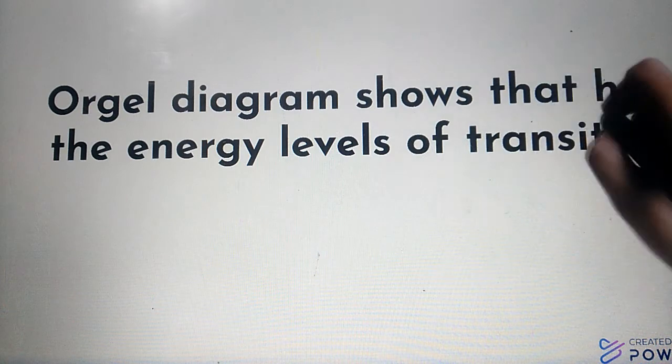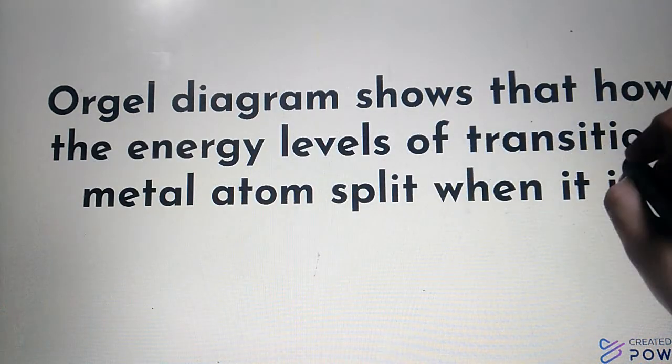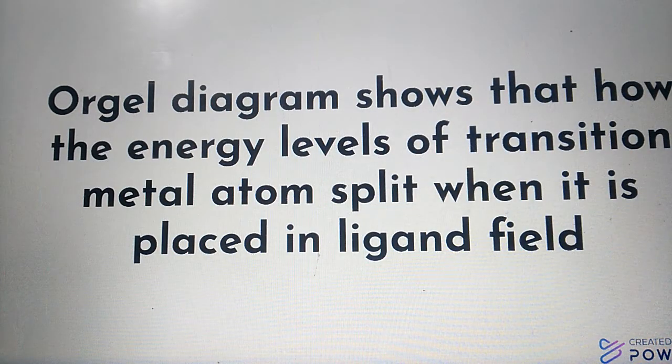Orgel diagram shows how the energy level of a transition metal atom splits when it is placed in a ligand field. Ligand means any chemical species which donates electron to the central metal atom.